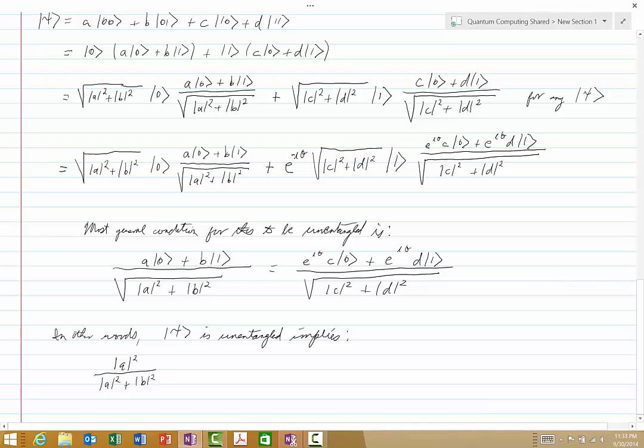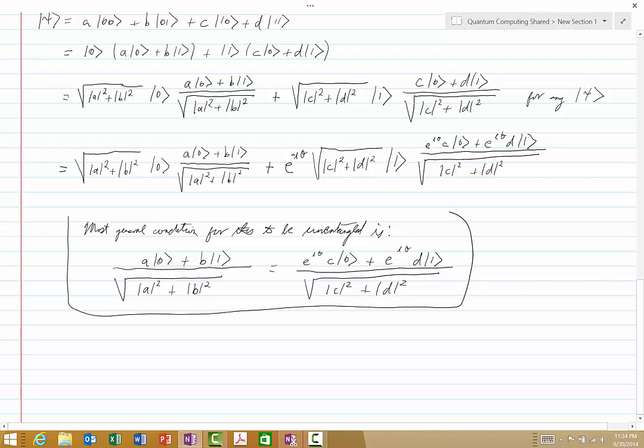Well, what I was about to say, there's nothing wrong with it, but it's just not the direction I want to go in. So let me erase this. And we'll simply circle this condition. This, again, if the state is unentangled, then this condition that we have just circled here must be true.